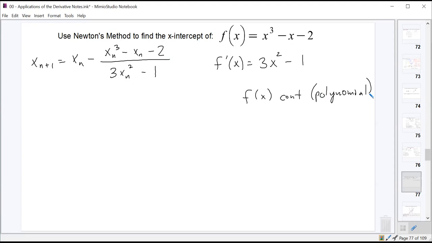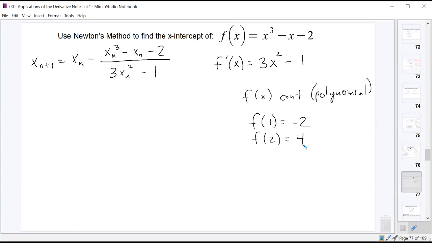And so if we think about what f of 0 looks like, it's -2, but f of 1 also looks like it's -2. Let's write that down. F of 1 is equal to -2. But f of 2, well, that's 8 minus 2 minus 2. F of 2 is equal to 4.